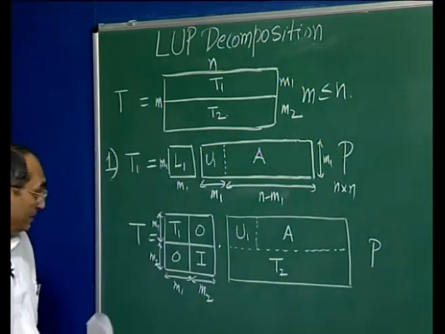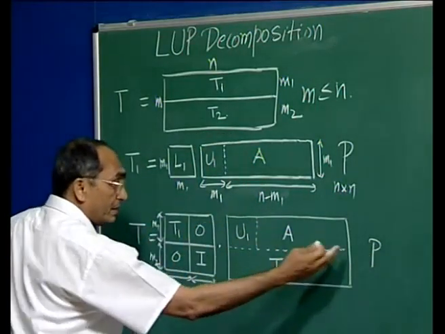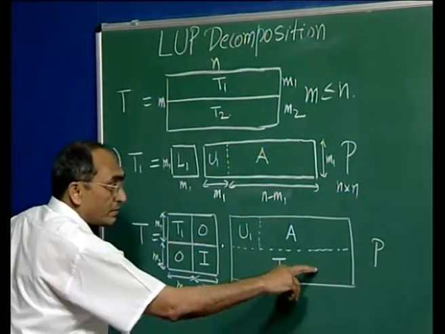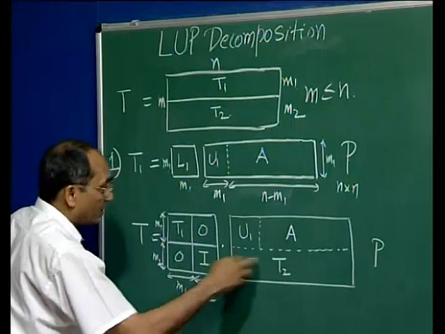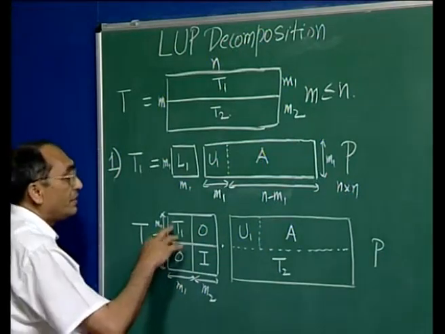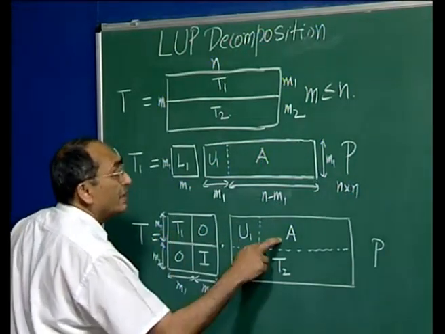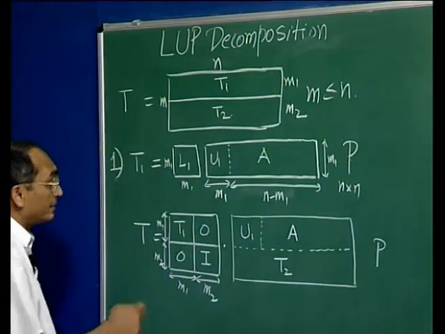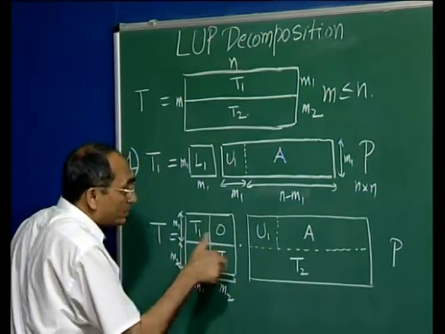Now note that the upper part is unaffected, because when you multiply, the 0 does not contribute anything. 0 multiplies to T2 does not change anything, and we really get T1 U1, T1 A, and then of course P from that. On the other hand, this portion is also unaffected.